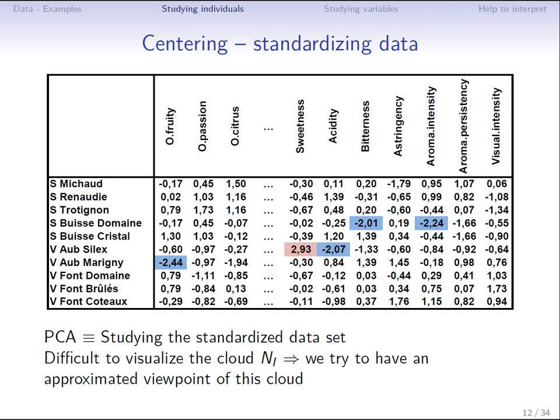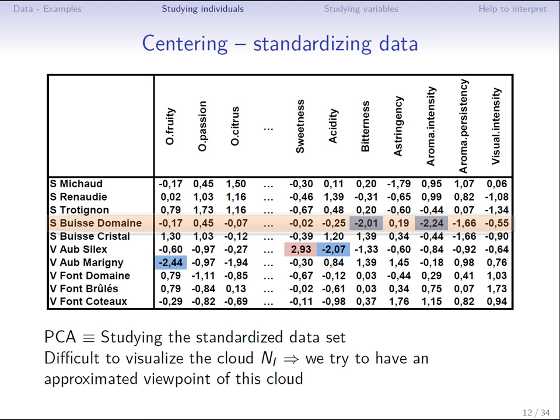The standardized dataset already gives some information. For instance, we can see that the wine has a very small score for bitterness and aroma intensity. Values less than -2 mean that they are below the average of the variables, and they are quite extreme. We know that when the values follow a normal distribution, they are between -1.96 and 1.96.